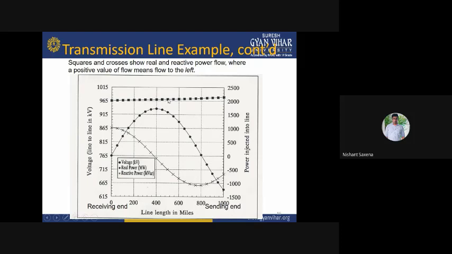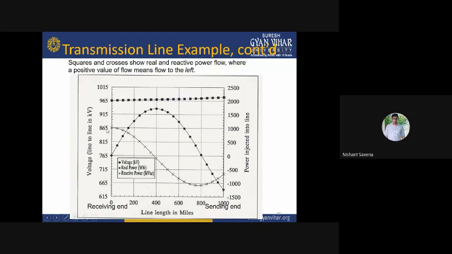That is the power injected into the line, and this 1000 was your reactive power demand.